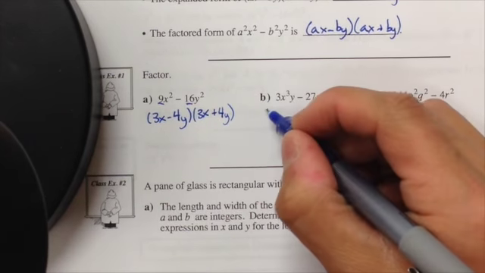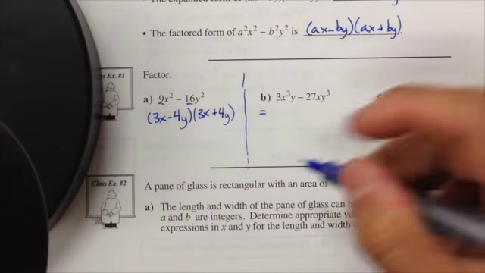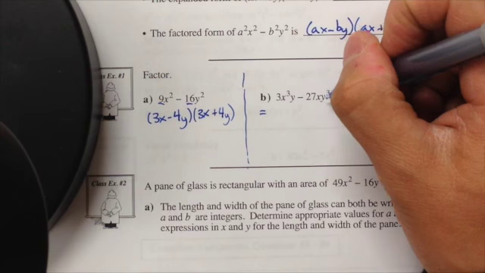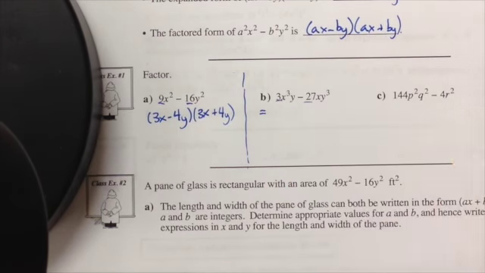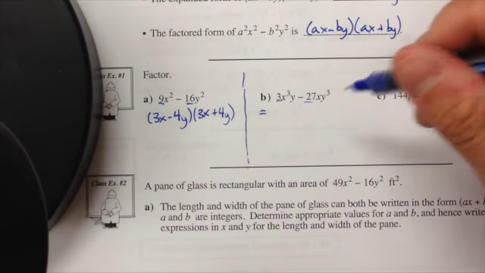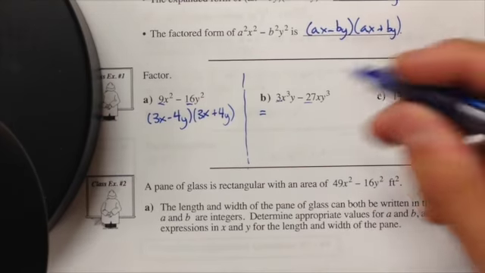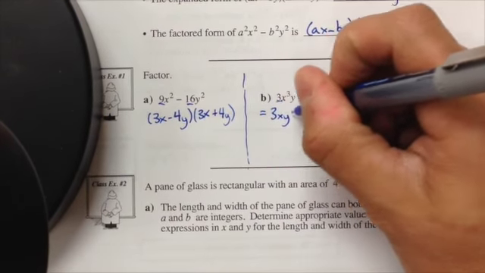Now if I look at the next question, 3x cubed y minus 27x y cubed. First of all, 3 and 27 are not perfect squares, but they are both divisible by 3xy. And so I'm going to factor 3xy out. So I'm going to take 3xy outside of the brackets.